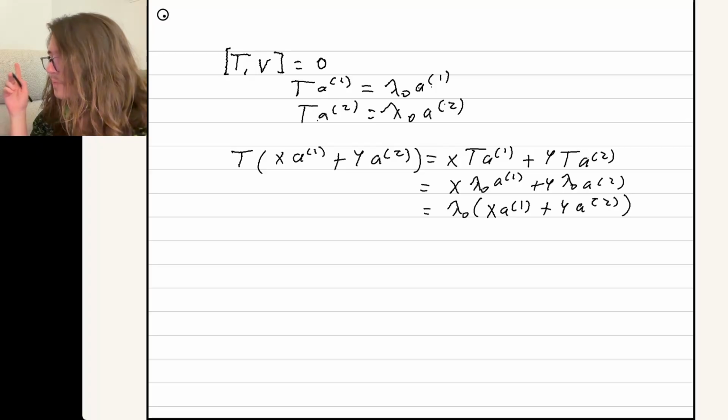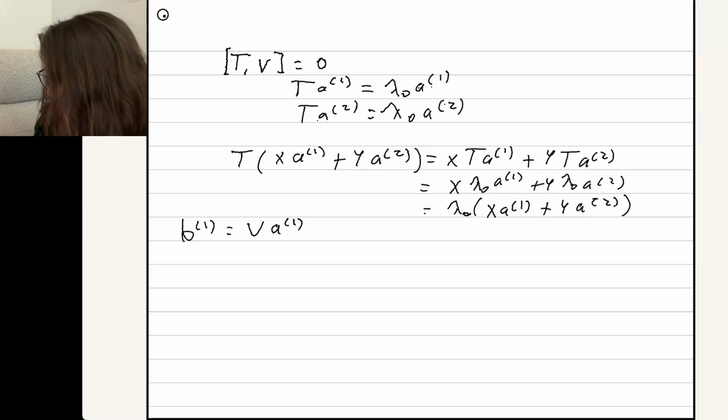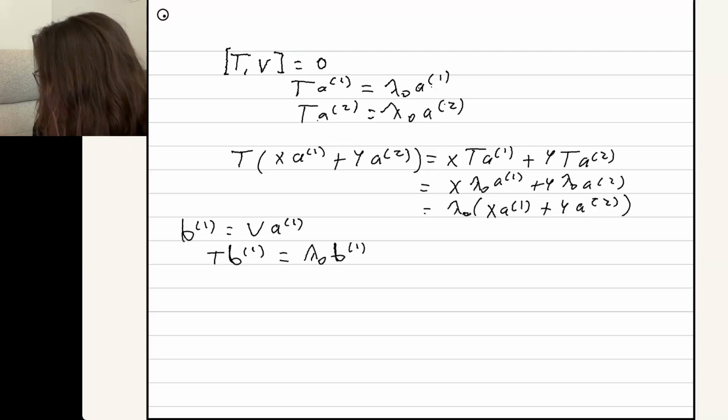So what he's doing is constructing these vectors B, which are the operator V acting on A1, which also form eigenvectors of T. It's saying that T B1 is actually just lambda naught B1.